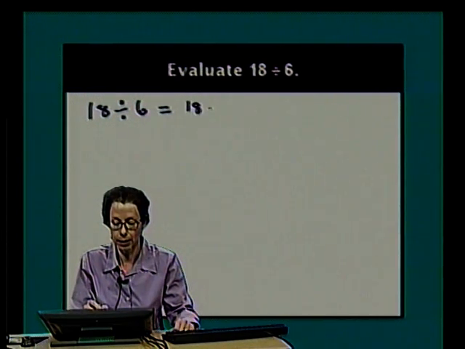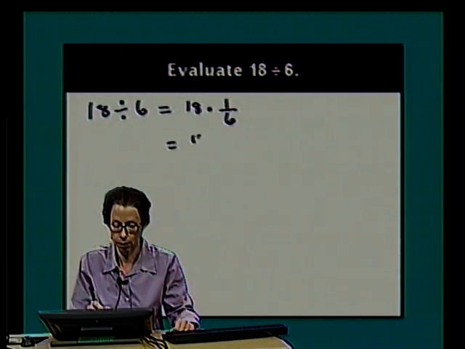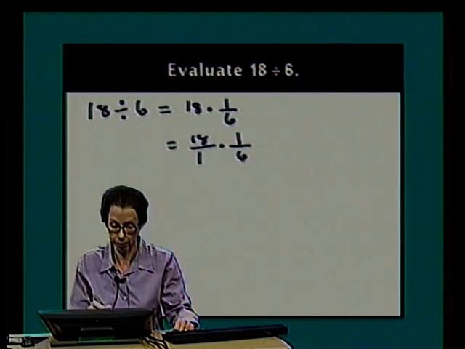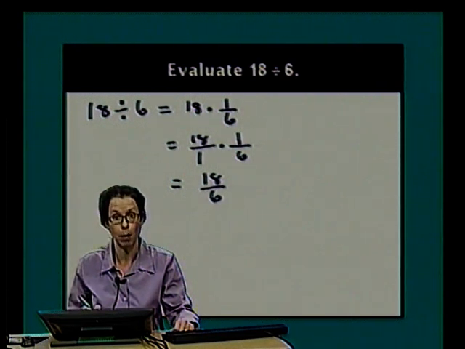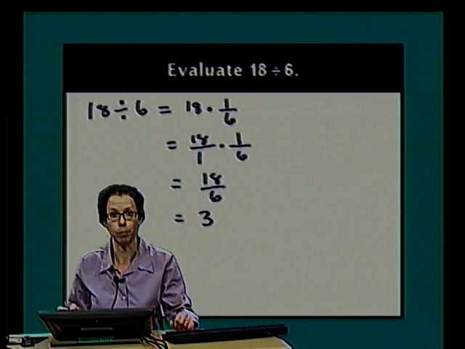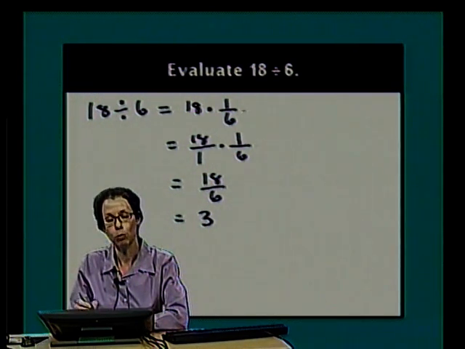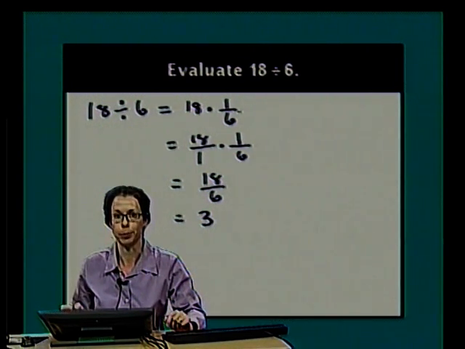Can I take 18 and multiply it by the reciprocal of 6 and get the same result? Well, if I write 18 as 18 over 1 times 1/6, multiply numerators, multiply denominators, it's pretty clear that that is 3 as well. So every single division problem can be written as an equivalent multiplication problem.